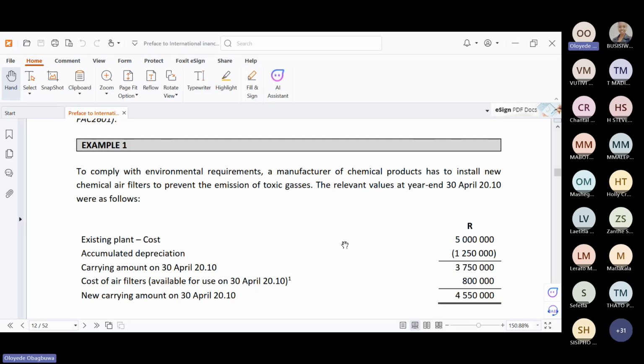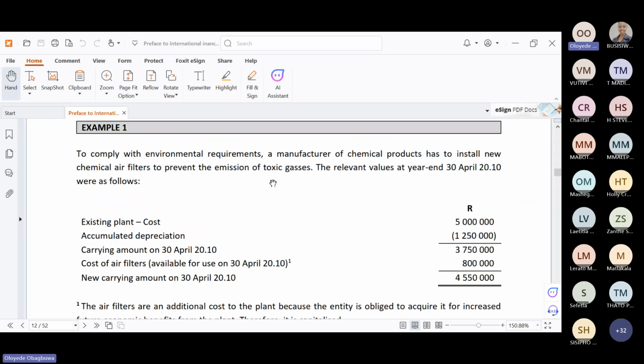But now you have to look at the questions to see if that particular expense you are incurring will lead to an increase in the future benefit of that existing plant. So that is your major condition for either capitalizing it or not capitalizing it.